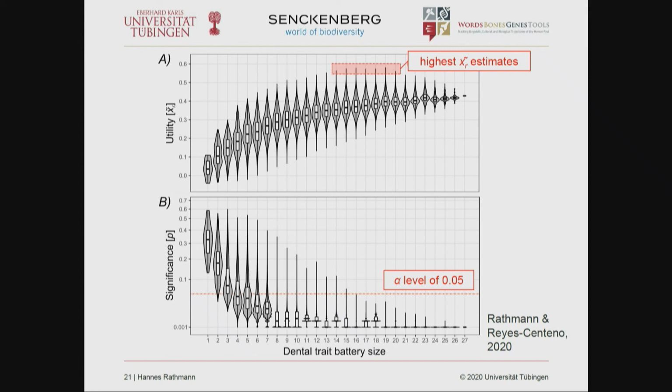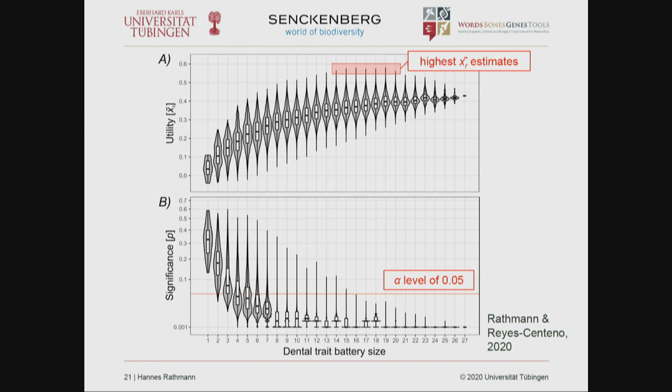In total, we found a set of 267 combinations that all performed equally well in capturing neutral genomic variation best. We propose that these trait combinations should be prioritized in future research, as they allow for more accurate inferences about population history when using dental morphology as a proxy for DNA. You can find a link to the table with the 267 best performing trait combinations in the description below.